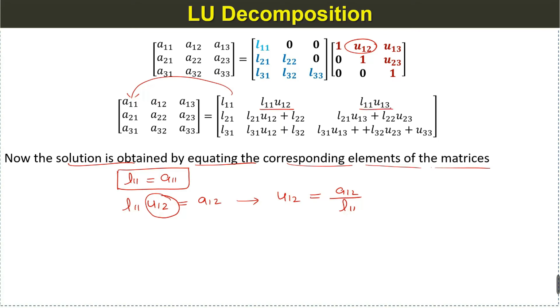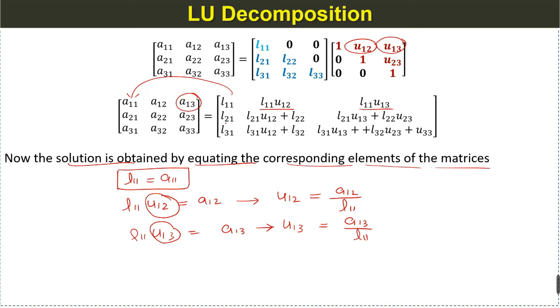Similarly, we equate the next entry: L11 times U13 will be equal to A13. Again we simplify this one, and we have to find the value of U13. So U13 is equal to A13 divided by L11.